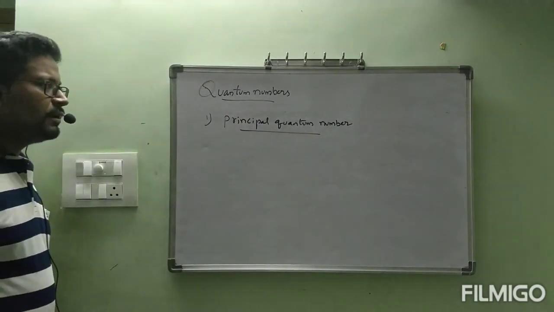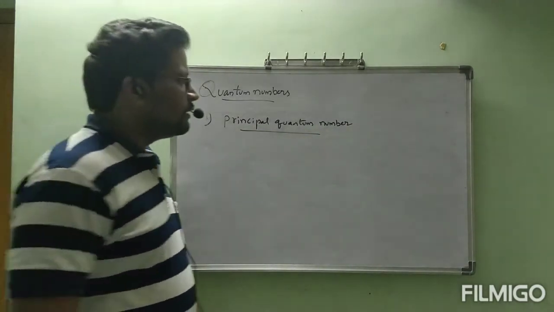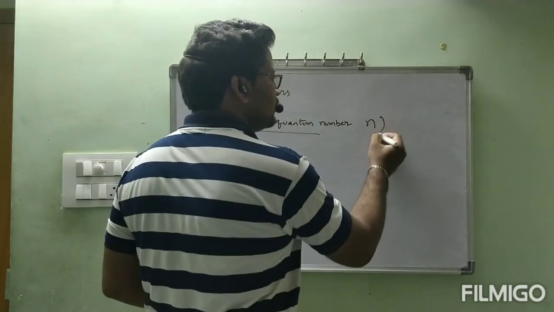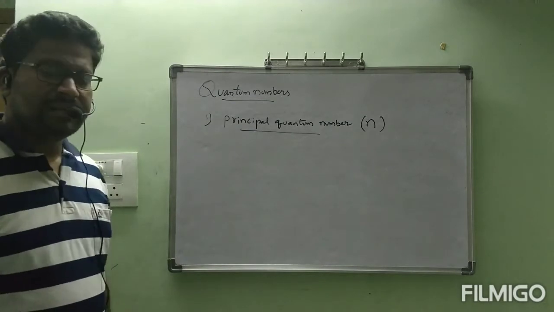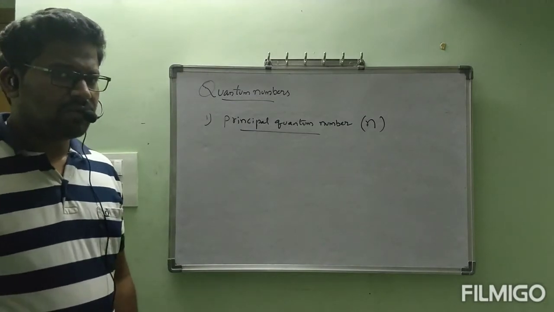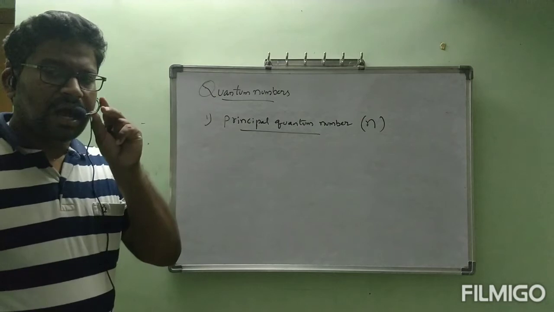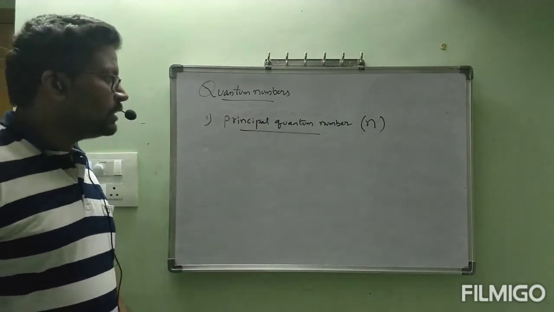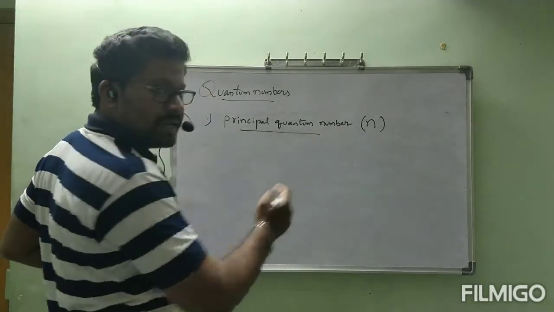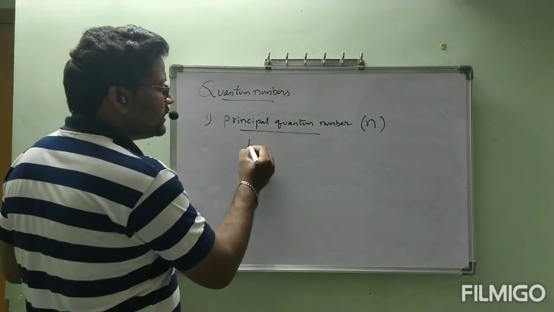What is the first one? The principal quantum number, which is represented by n. Once again, we have 4 quantum numbers, and the first is the principal quantum number, represented by n, which was proposed by Niels Bohr.